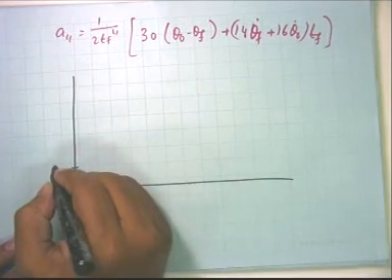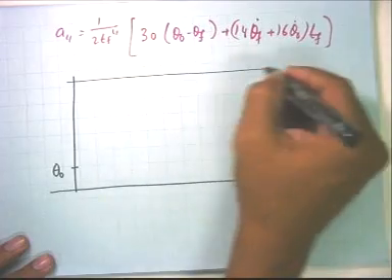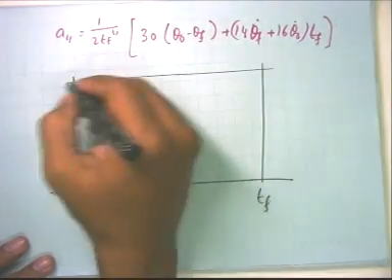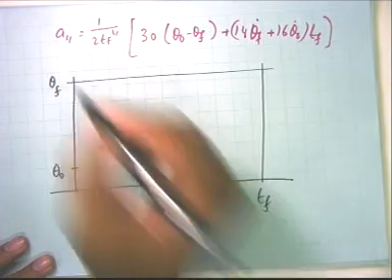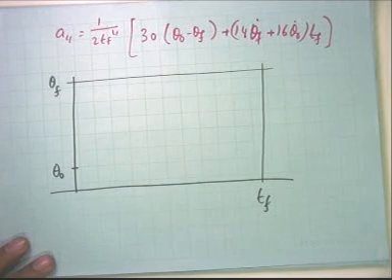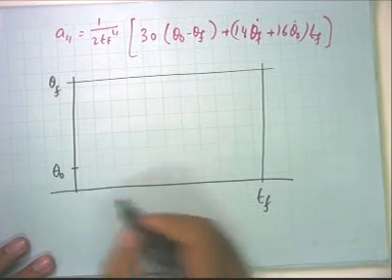So, this is my theta 0 and here this is my Tf and this is my theta f. So, first you choose a certain delta.